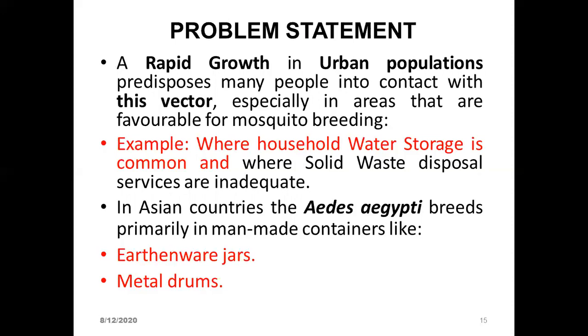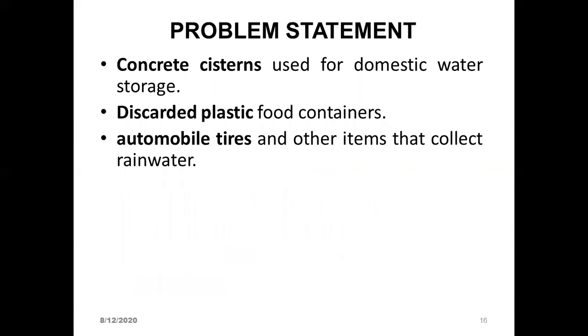In Asian countries, the Aedes aegypti breed primarily in man-made containers like earthenware jars, metal drums for collection of water, concrete cisterns used for domestic water storage, water tanks of the home, discarded plastic food containers, automobile tires, and other items that collect rainwater. And those are mostly in the urban areas.